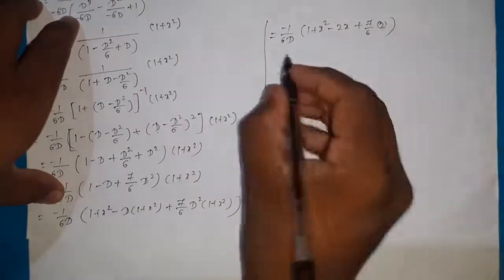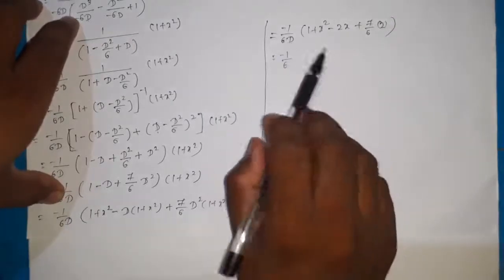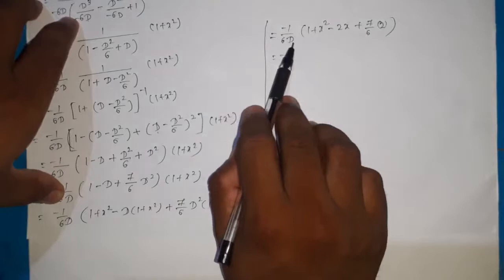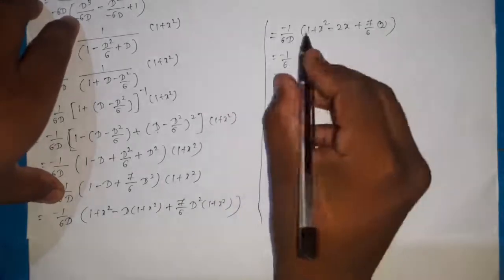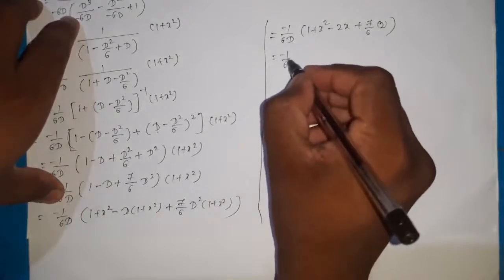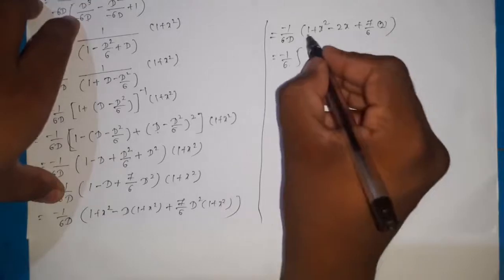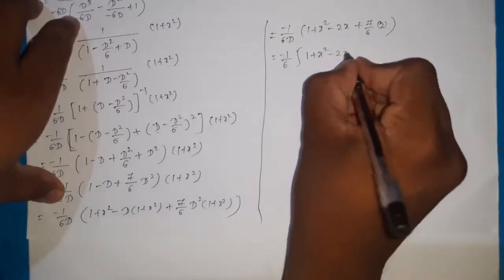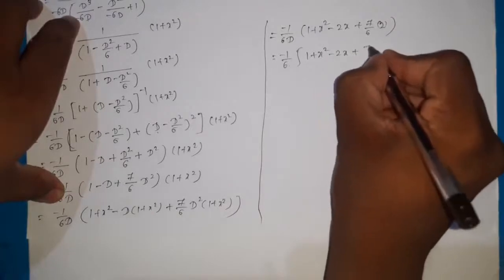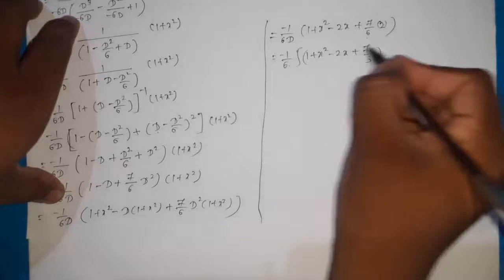Then minus 1 by 6. We know that in the denominator we have D, so 1 by D means integration. So 1 by 6 is a constant as it is, and 1 by D is nothing but integration. Here 1 plus x square minus 2x plus 7 by 3, because 2 ones are 2, 3s are 6, into dx.